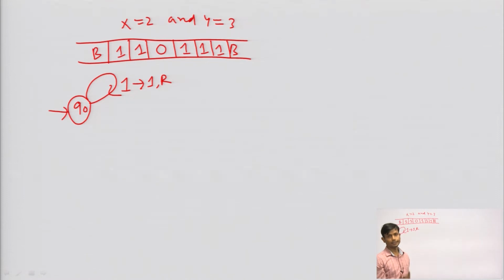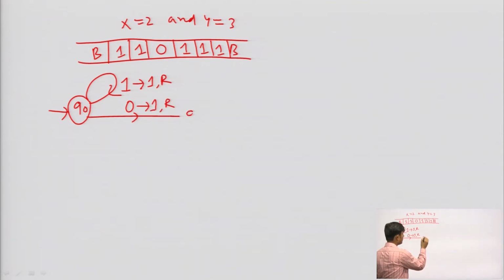Before 0, if any number of 1 is there, just read that 1, keep it on the tape and move right. Next you have to check: if 0 is coming, 0 will be replaced with 1 and move right. So now 0 is replaced with 1 and right.